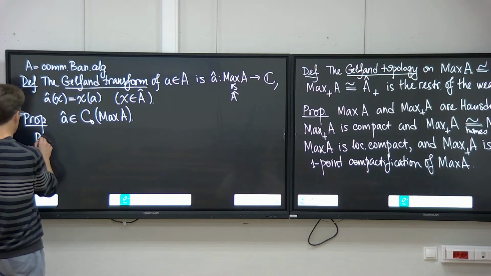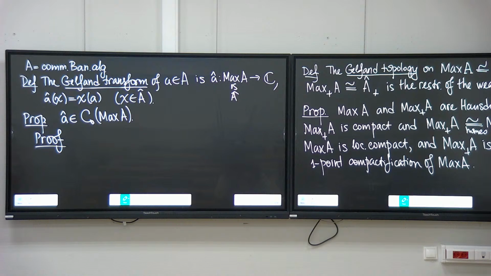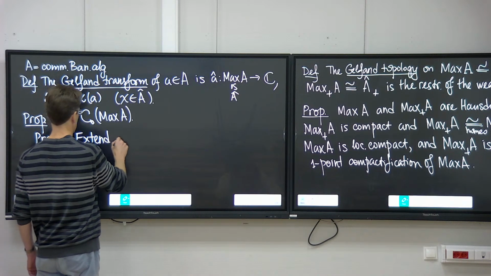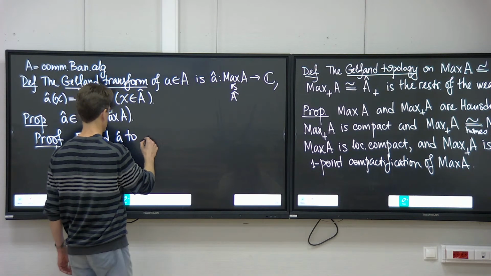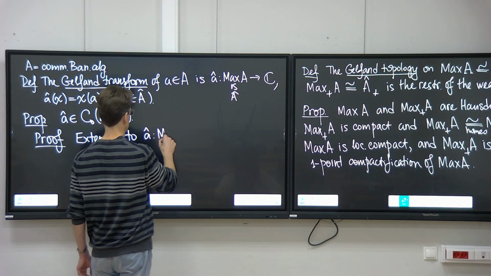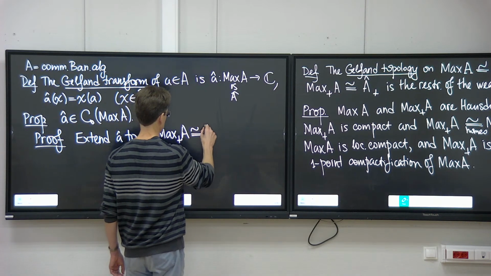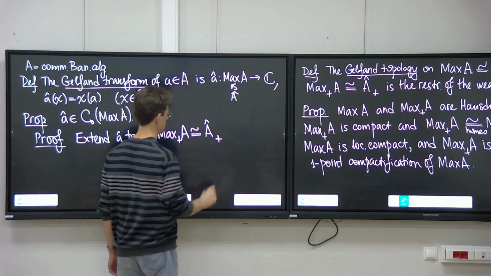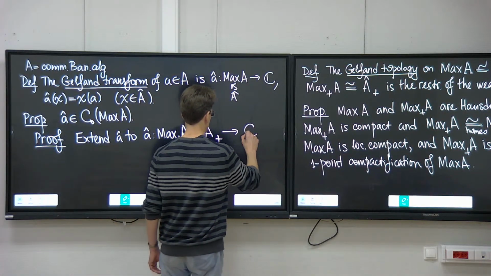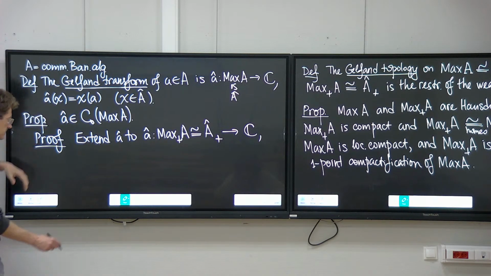The easiest way is to extend this function to max plus of A. Extend a hat to a function which will be denoted by the same symbol, a hat. It is now defined on max plus of A, and we identify max plus of A with A hat plus, the set of all characters, including 0. And we extend it by the same formula. This formula makes sense also in the case where chi is 0.